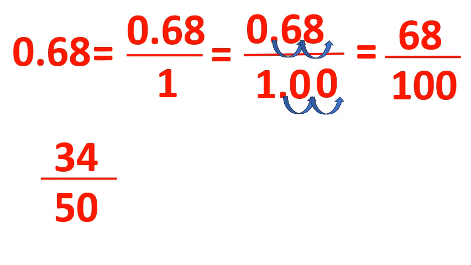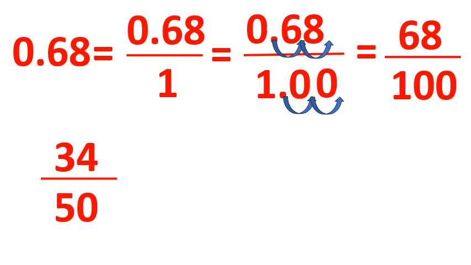It looks like I didn't use the most ideal number for simplifying that, the factor of 2, because I still can simplify further. But that's okay. So the 34 and the 50 are both even numbers, so I know they're at least divisible by 2. I want to be thinking here, are they divisible by 2 or 3 or 4 or 5? Well, they're not both divisible by 3, they're not both divisible by 5, but I know they're divisible by 2.